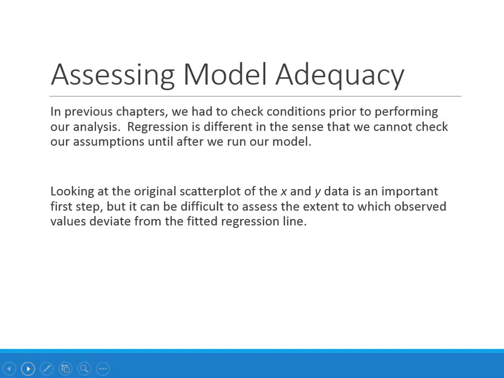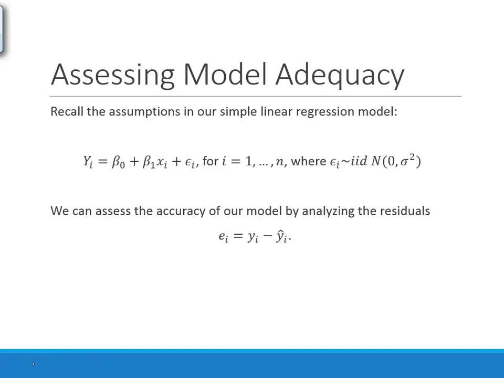The reason is that looking at the original scatter plot is sometimes hard to tell if your model assumptions are going to be appropriate. So you need results from the model rather than the raw data itself. So it's getting into this idea of assessing our model, or saying if it's an adequate model.